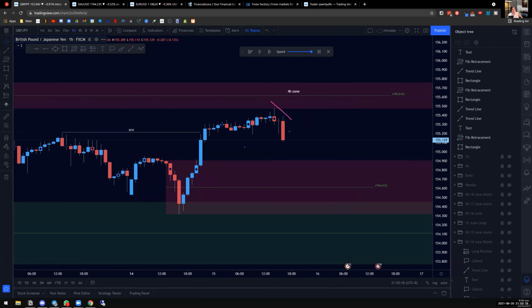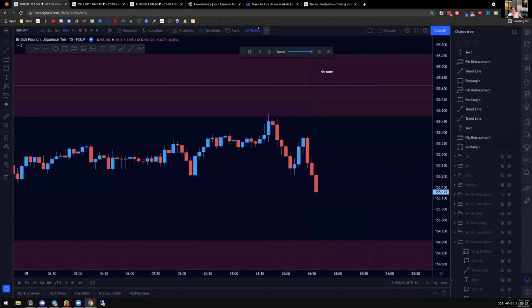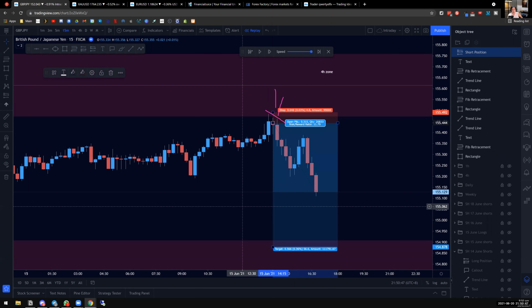Because this 1-hour candle is just a wick with not much detail, just go down to the 15 and you'll start to see the lower highs forming. You can enter on this candle or this candle, in my opinion, with a stop loss above, because it tapped into your 4-hour weekly area. Personally, I just take it when the lower highs are created, stop loss above this area, and then take it down to the 4-hour below.